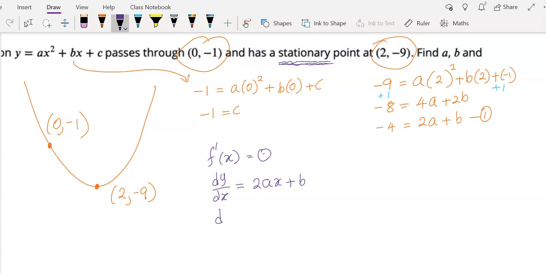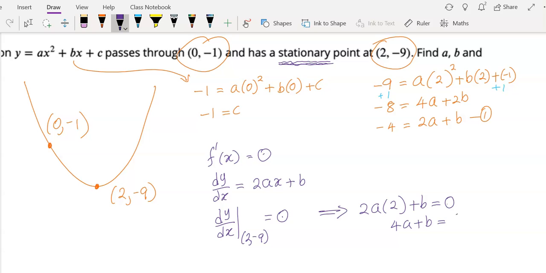What it means is dy by dx at 2, -9 is equal to 0, which means I need to substitute for x, which is 2, and then you set that to 0. Now I find 4a plus b equals 0.